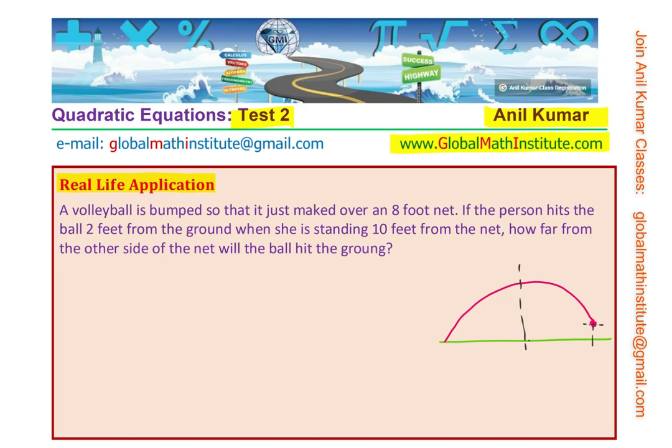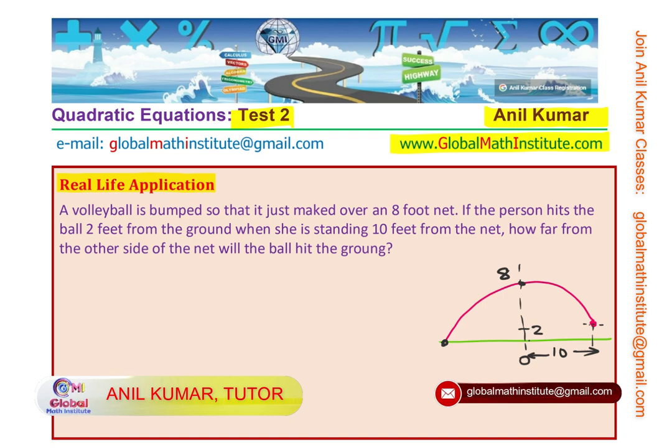So the net is at the origin, and the person is standing 10 feet from the center, and is 2 feet above the ground. So the y value is 2 here. And we are given the net is 8 foot, so the maximum height is 8. We want to find what this position is. Let me write this value as a.